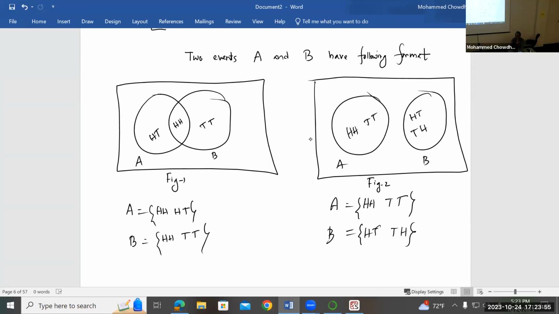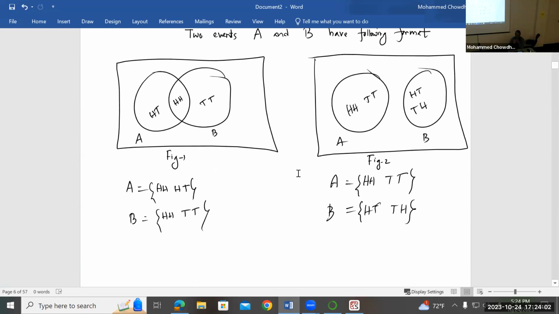Everyone ready? By looking at this figure, if I ask you to choose whether A and B are independent in figure 1 or A and B are independent in figure 2. This is the question I ask you, and then I offer you a job after a successful answer by a student. What would be your answer? A and B are independent in figure 1 or in figure 2?